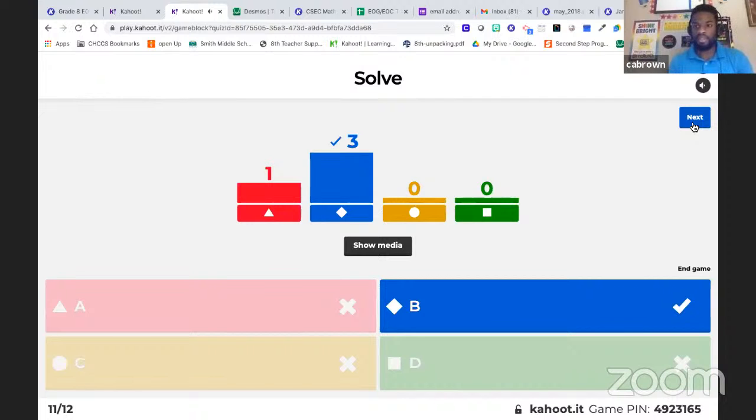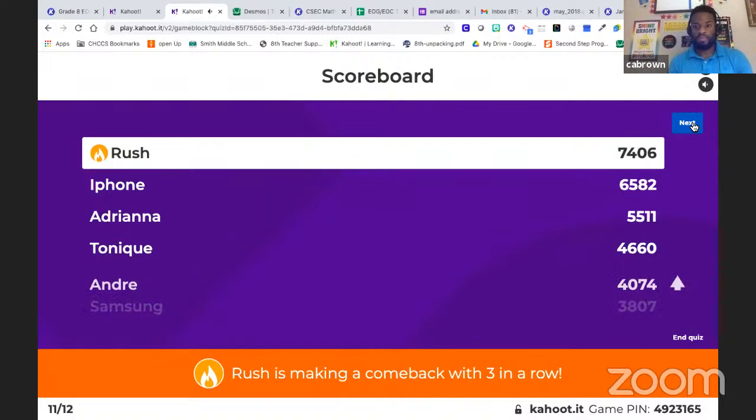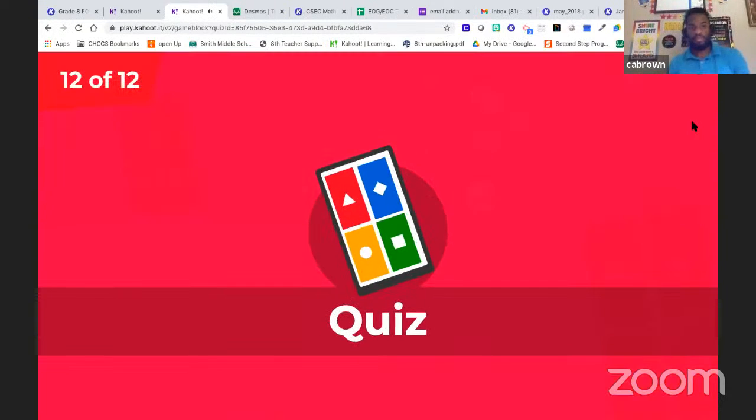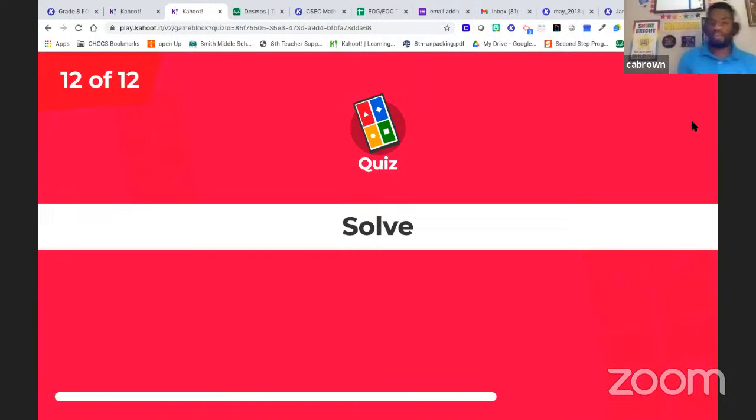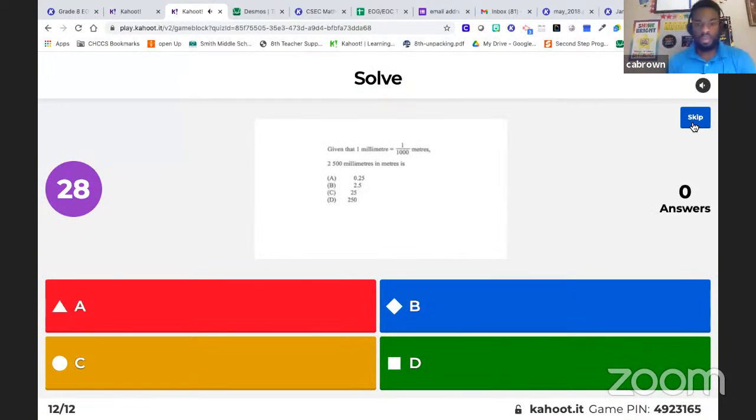And that was actually the answer. All right, final one. Given that 1 millimeter equals 1 over 1,000, what is 2,500 millimeters in meters?